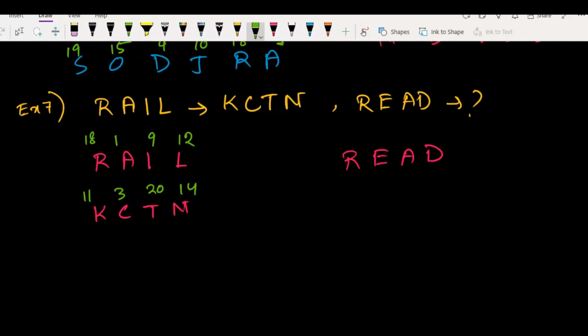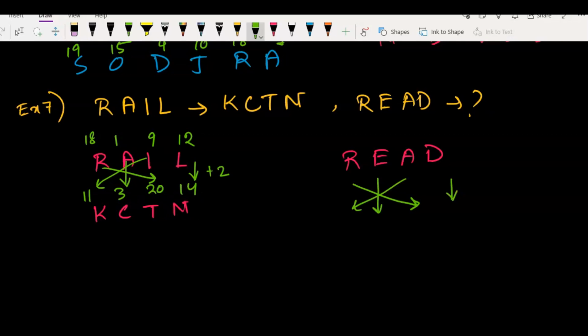So let's check for cross pattern. So you see here 18, 1, 9, 12, and here we have 20, 3, 11, 14. So see, 18 goes to 20, plus 2, then 1 goes to 3, this is also plus 2, and 9 goes to 11, this is also plus 2, and here 12 goes to 14, this is also plus 2. So this is the cross pattern.